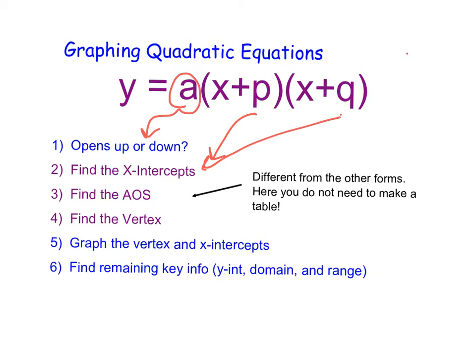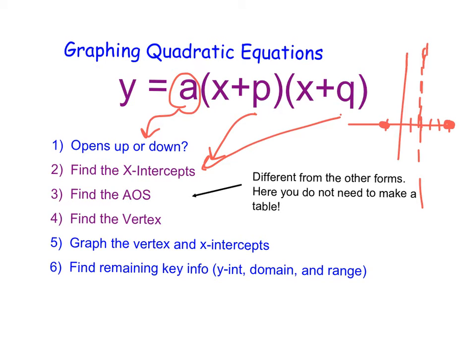Then from here we know that regardless of where our x-intercepts lie, so say we have one at 1 and 5, because of the symmetry of a quadratic, your axis of symmetry must be in the middle of those points. So here we can see that in order to be in the middle of those two x-intercept points, our axis of symmetry would need to lie at x equals 2.